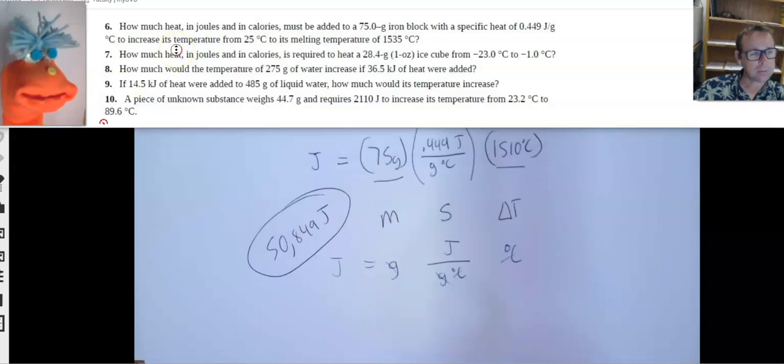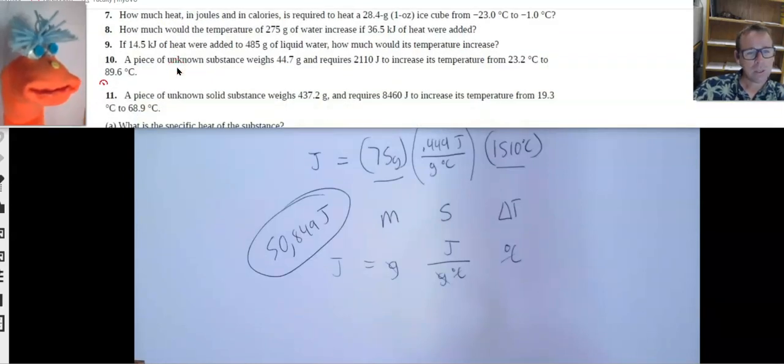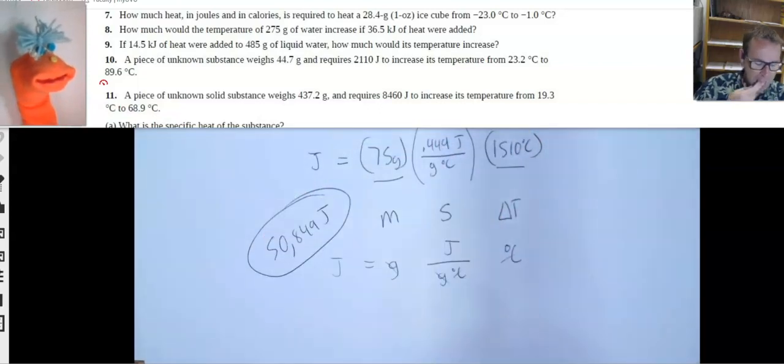Okay, good. How much heat in joules and in calories is required to heat that much ice from negative 23 degrees Celsius to negative 1 degree Celsius? Okay, what do you think? Well, can we do the same thing? We can do the same thing.